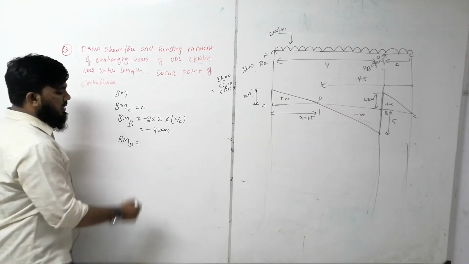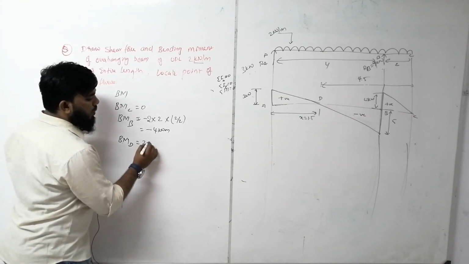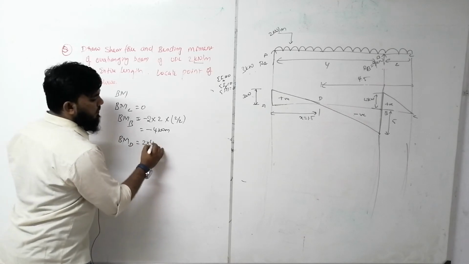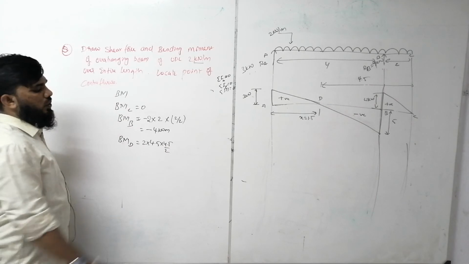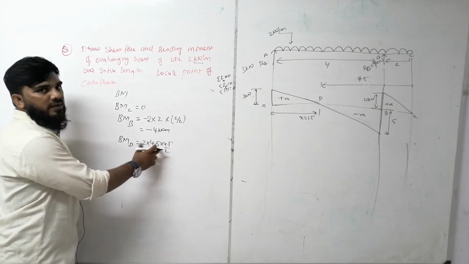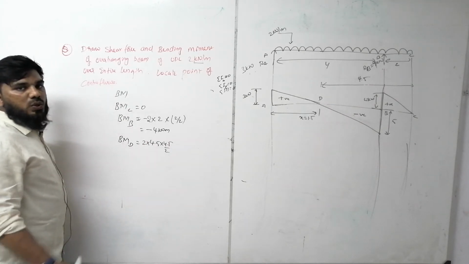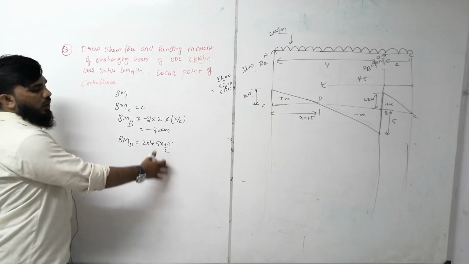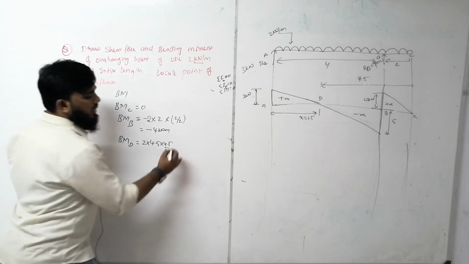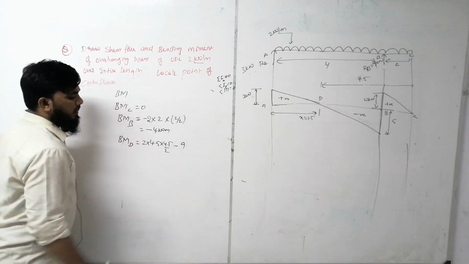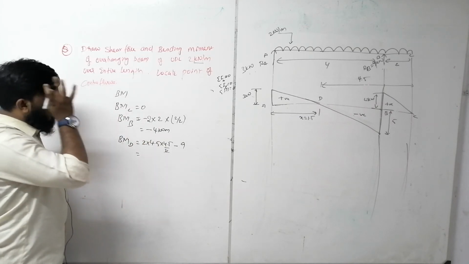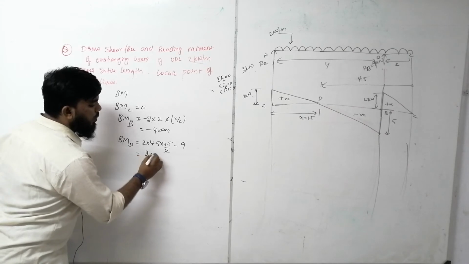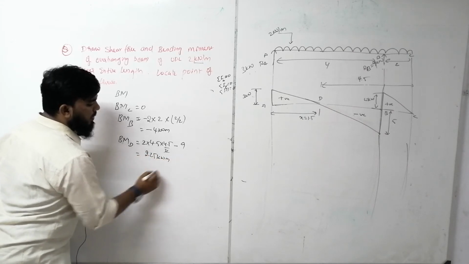That is 2 into 4.5 into 4.5 divided by 2, which is acting in the downward direction. We will take downward as positive. Next is minus 9. So the 2 gets cancelled. 4.5 into 4.5, you will get the value of this as 2.25 kilonewton meter.